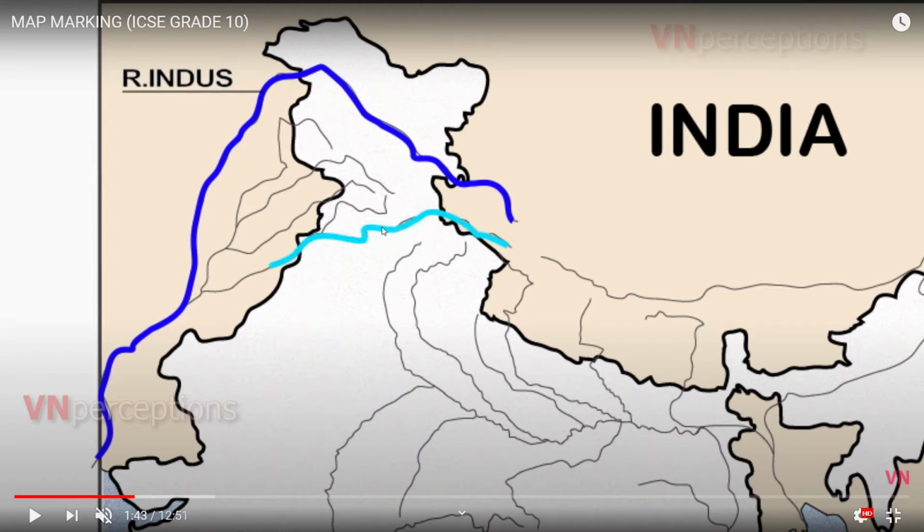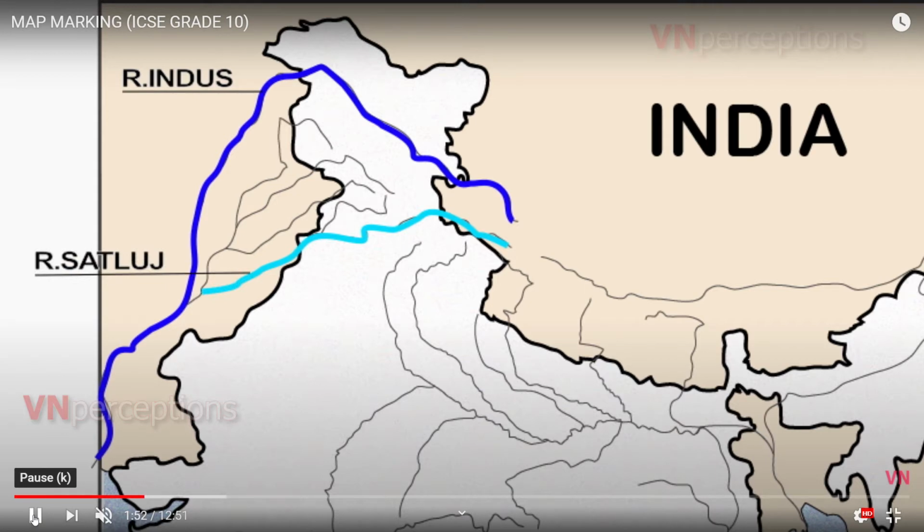Then in the middle of the neck, it takes a right angle, then enters the upper part of Punjab. It enters Pakistan and meets river Indus in this area. So this is how you have to remember the marking of river Satluj.